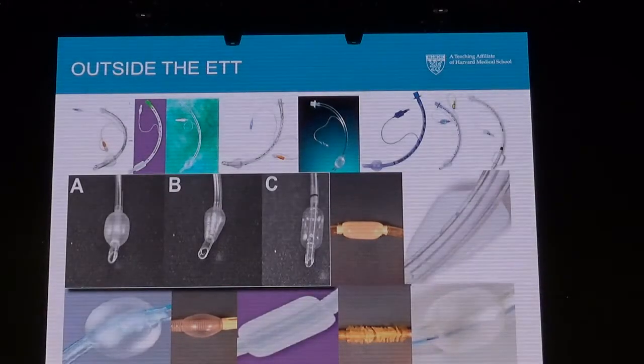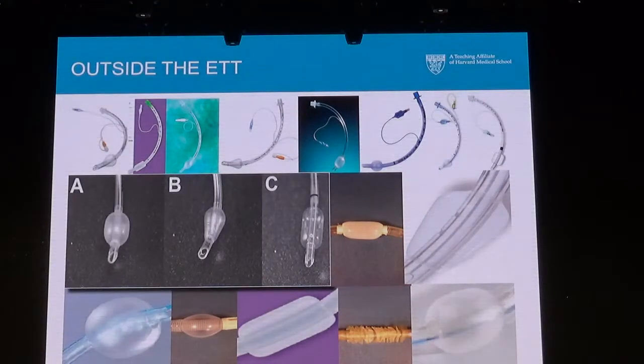What about the endotracheal tube cuffs? The endotracheal tube cuffs, as you see on the market, there are a lot. There are different shapes and also material differences. There are now polyurethane cuffs and polyvinyl chloride cuffs.